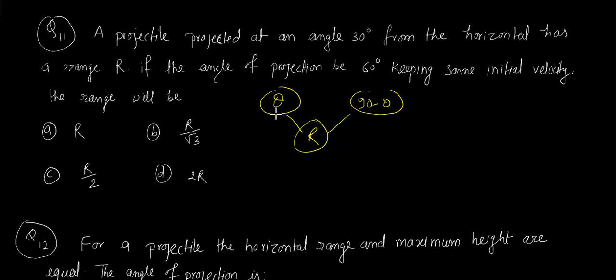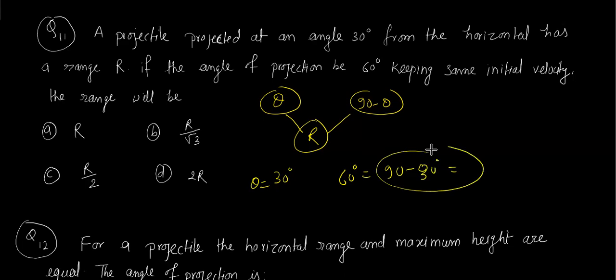Let us check whether this condition is satisfied by these two angles or not. One angle is 30 degrees, another is 60, which can be written as 90 minus 30. That's why we can directly say that answer A is the correct option for this question.